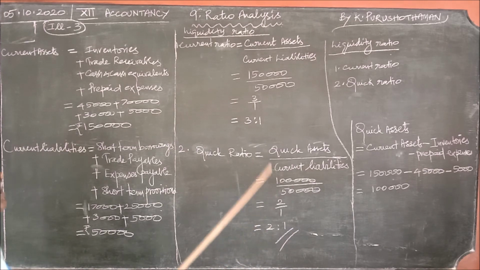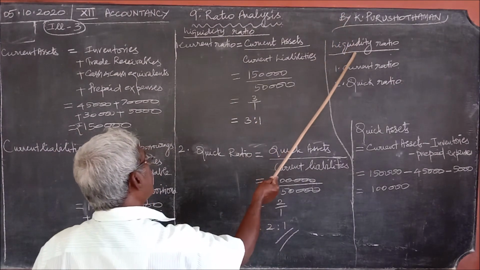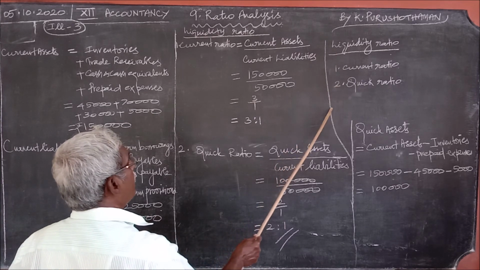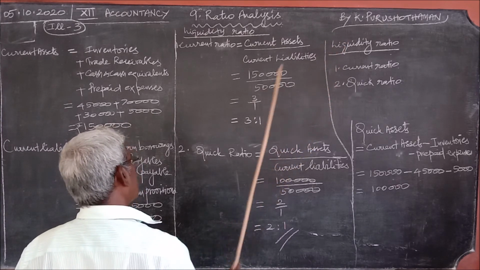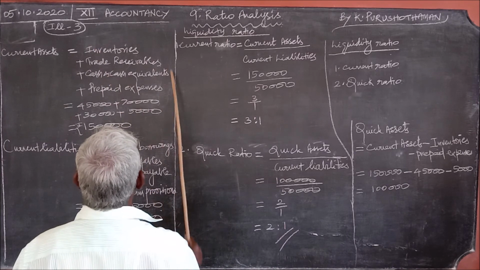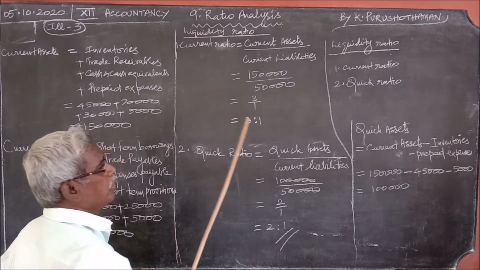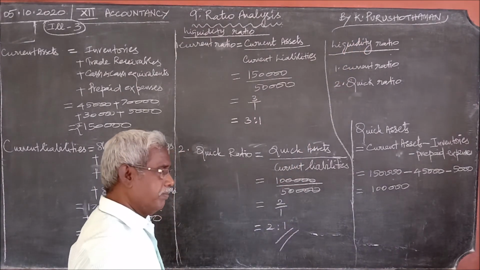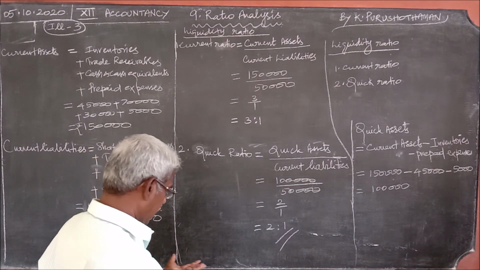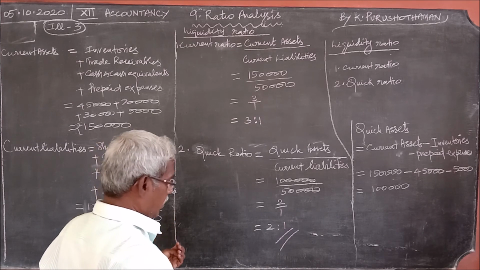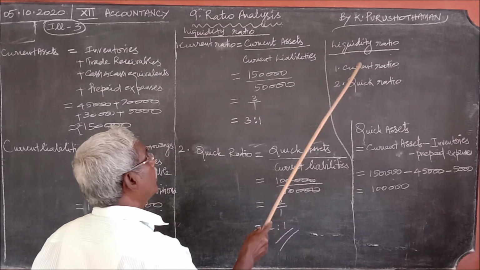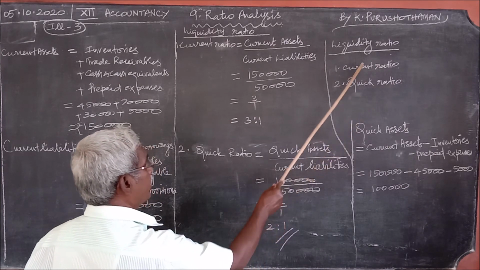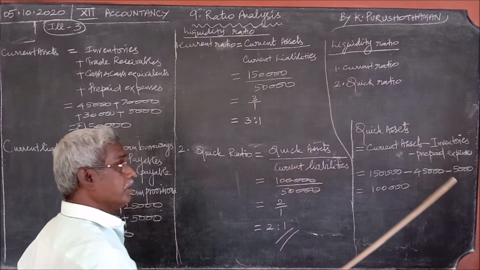In the first subdivision, liquidity ratio, there are 2 types of ratios. I told you how this question can be asked. Some particulars can be given, and you may be asked to find the liquidity ratios. In that case, you should know the liquidity ratios are the current ratio and quick ratio.